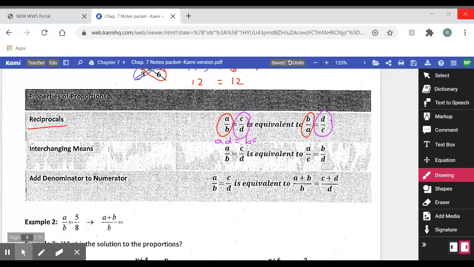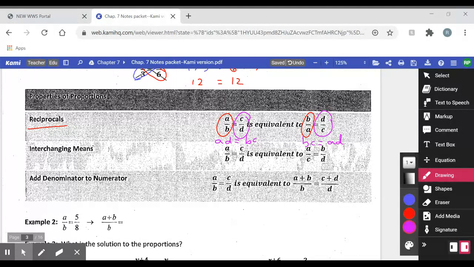And if I multiply the diagonals over here, I still get BC is equal to AD. It still means the same thing. So those are equivalent ratios.